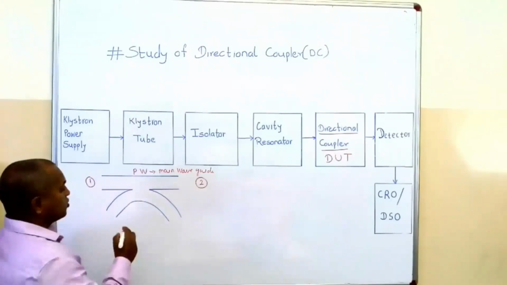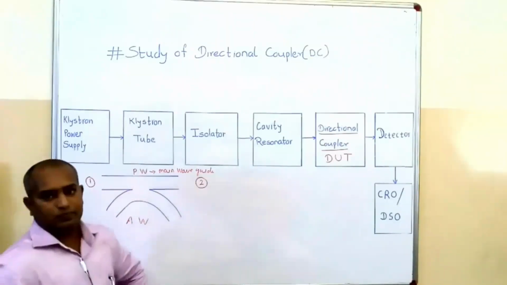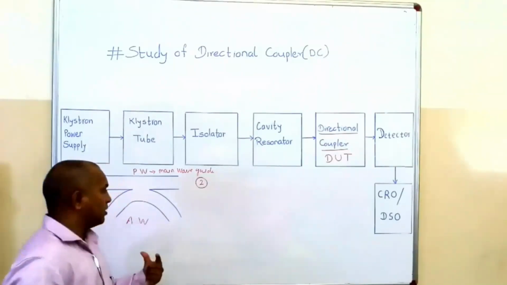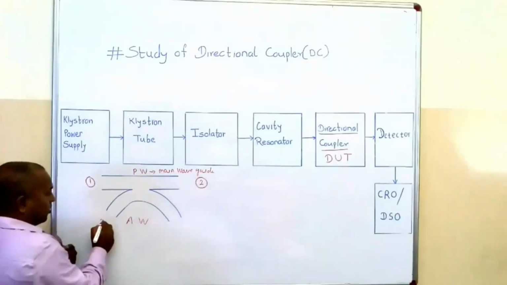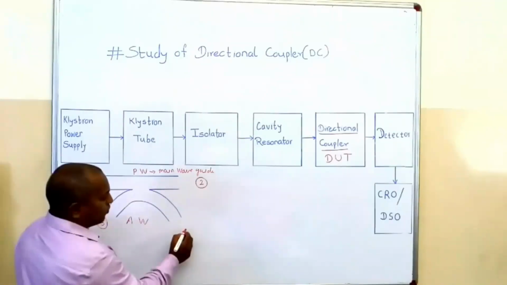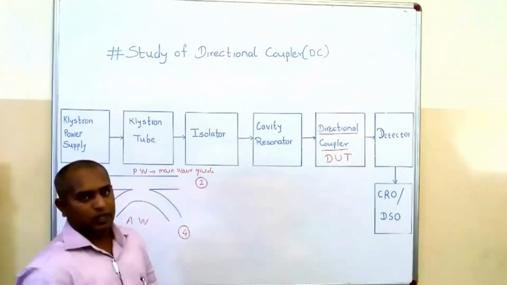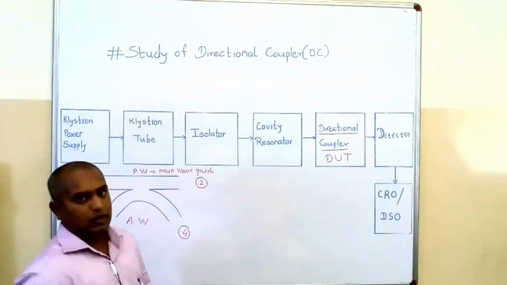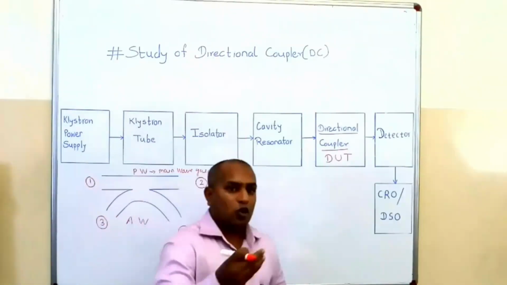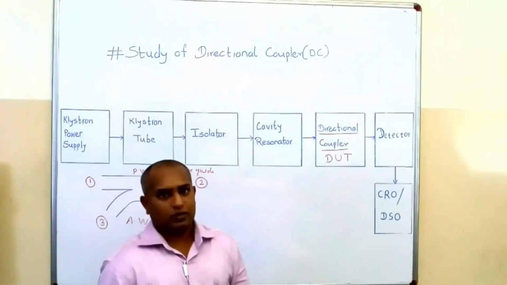This waveguide is known as the auxiliary waveguide, in which this port is referred to as port number 3 and this port as port number 4. Let us see the working of the directional coupler and then we will see its parameters.